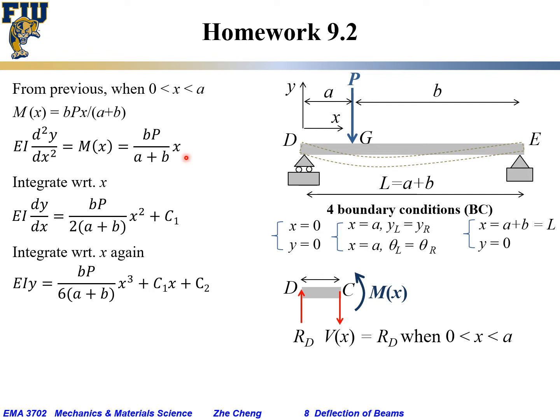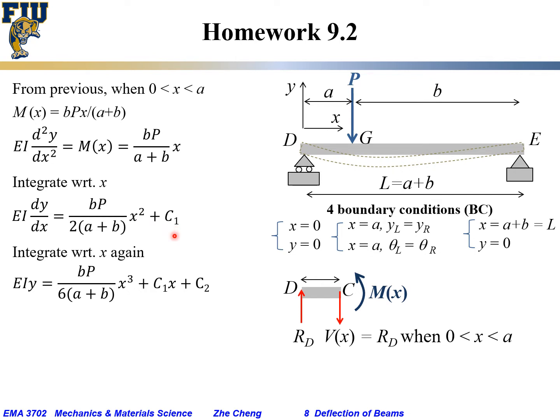Okay, and this is our second order ordinary differential equation. We would integrate with respect to x to get the slope. EI times slope would be BP over AB, but with the factor of 2, times x squared. Don't forget the integration constant c1.